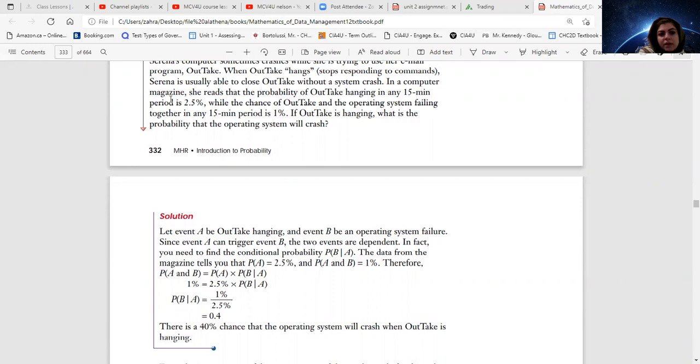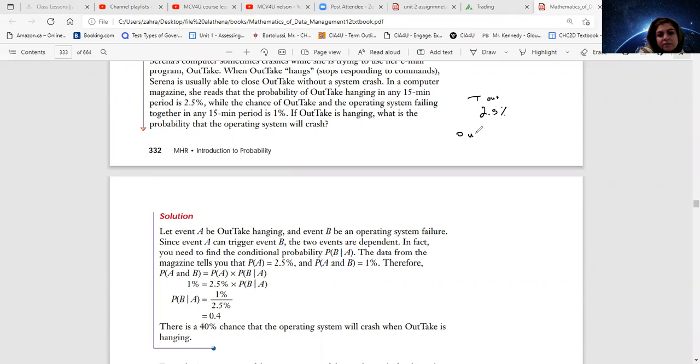In a computer magazine, she read that the probability of Outlook hanging is 2.5%, while the chance of Outlook and the operating system failing together is 1%.